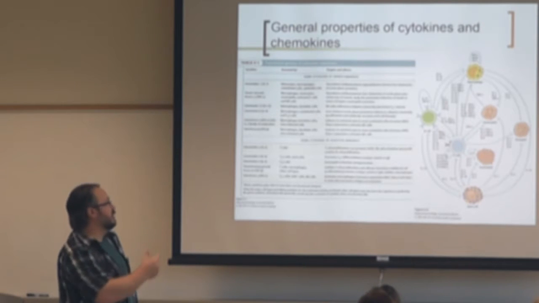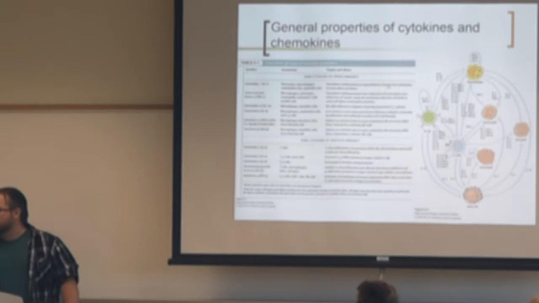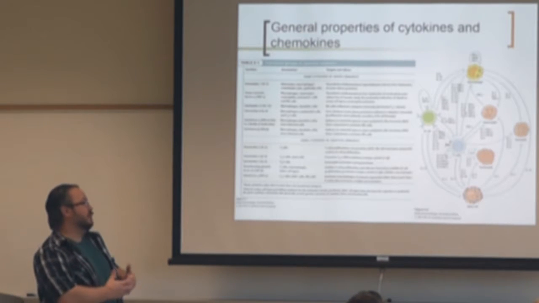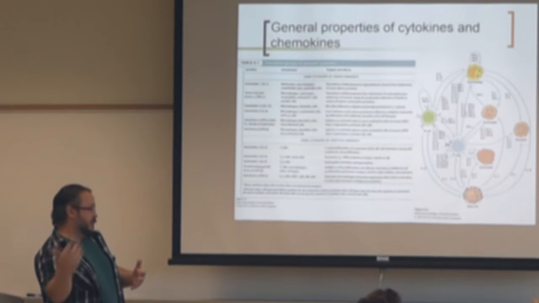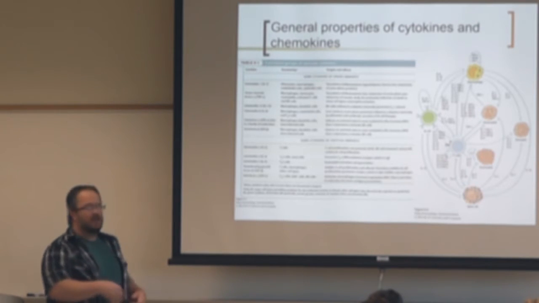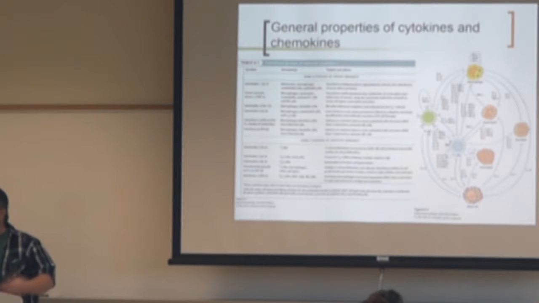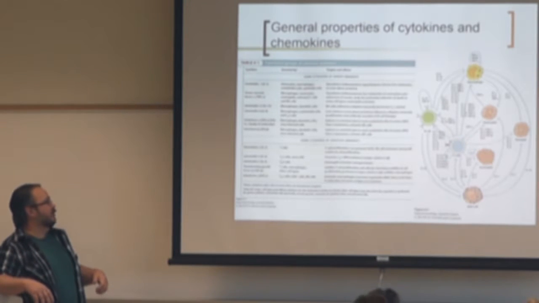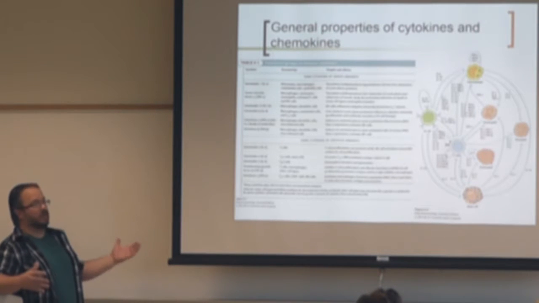Some of these cytokines are secreted by multiple different immune cells, and there's a lot of crosstalk, and some cytokines will inhibit a certain response from another cytokine. So there are a lot of pathways, and researchers are still learning about these. This is one of those areas where we're still learning a lot, and it's a lot more complicated than you think.